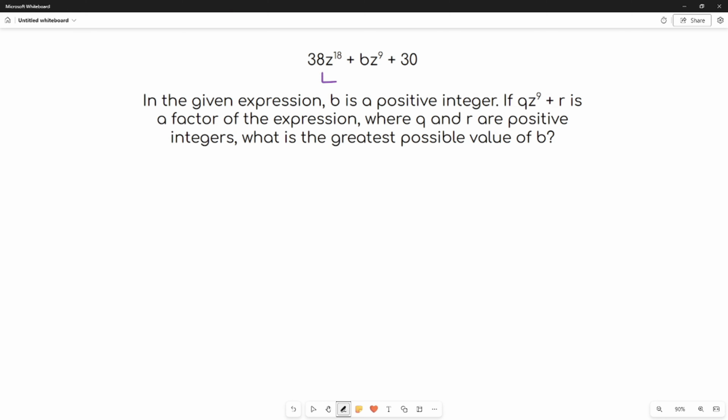We know that this should be a quadratic because we're dealing with quadratics here. So it should look something like the standard form, which is ax squared plus bx plus c.